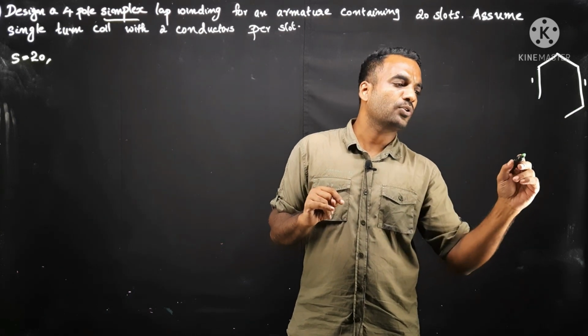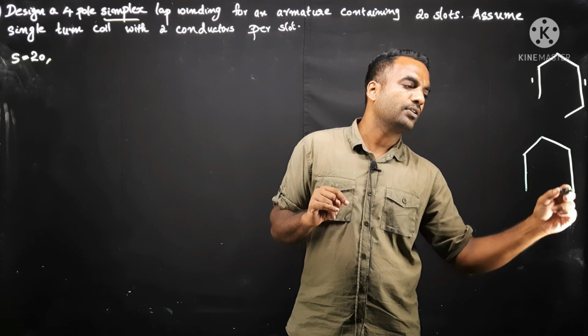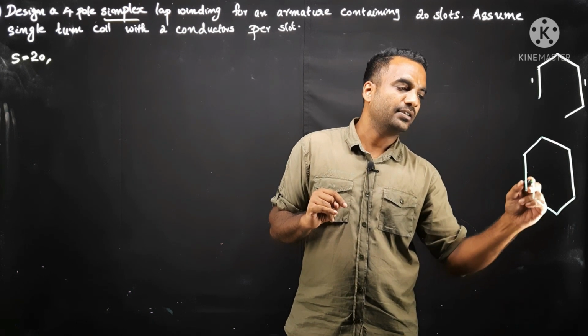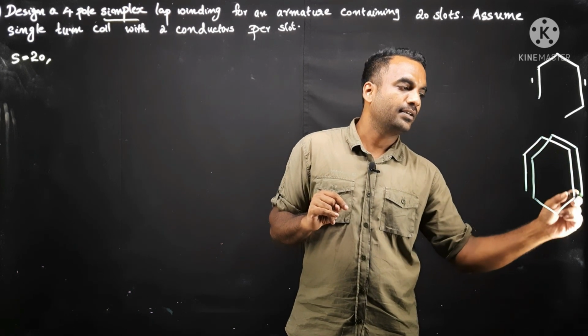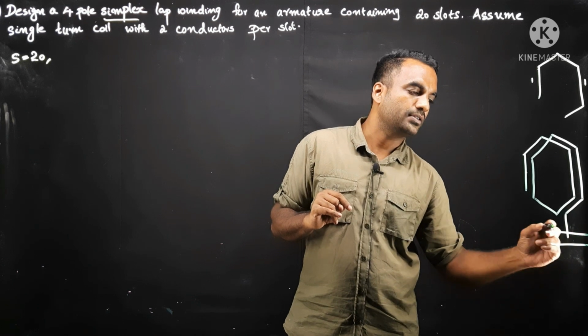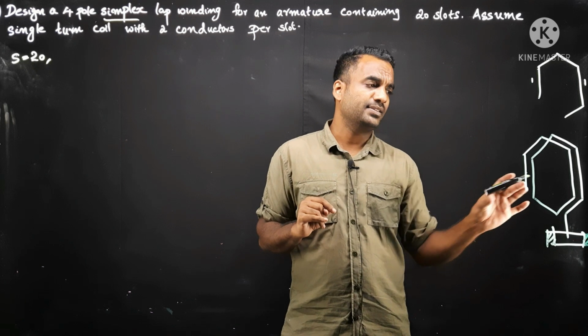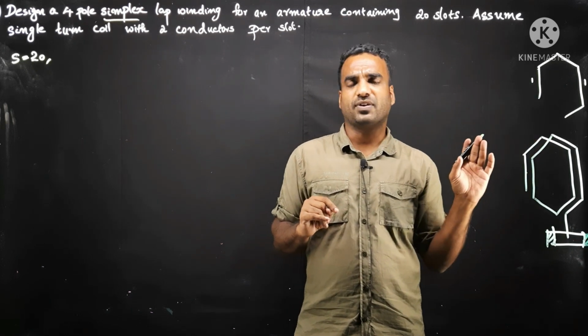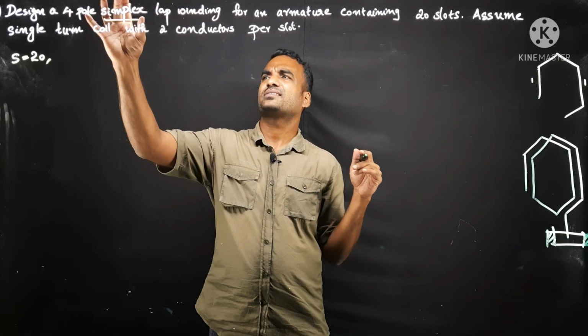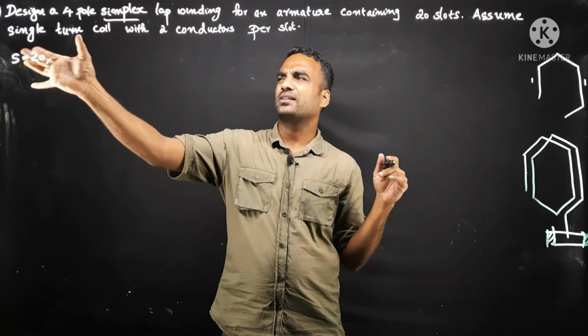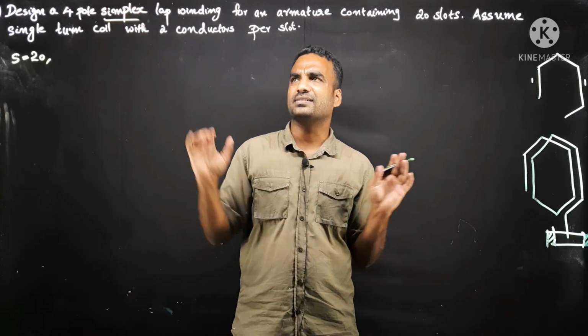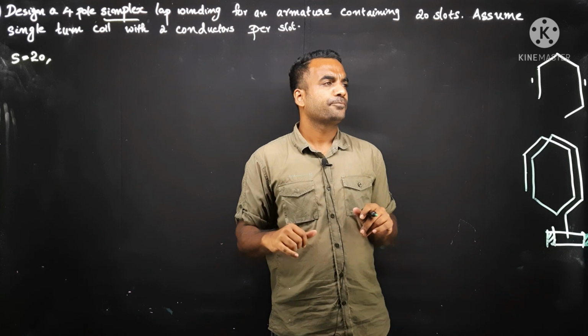If it is a two-turn coil, we know that it will rotate twice to make the second turn and then finish, going to the commutator segment. This is a two-turn coil, this is a one-turn coil. It is already specified that it is simplex winding, so generally it will have a single-turn coil.